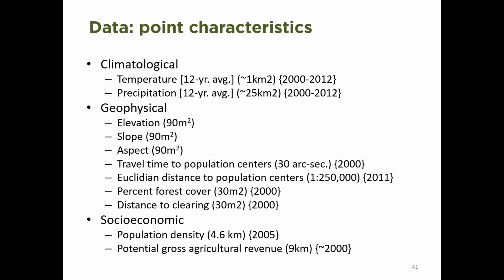And so we know the percent forest cover in that pixel. It has onboard distance to the nearest cleared point in the year 2000. And it has socioeconomic characteristics. The population density in the area around that point, and data on the opportunity costs of retaining forest cover around that point.